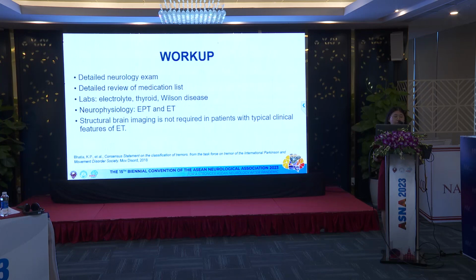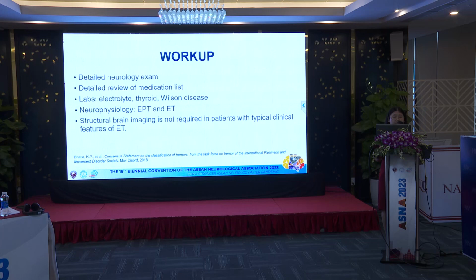So the goal of the evaluation is to identify characteristic features of essential tremor and to recognize any atypical features that may suggest an alternative cause of tremor. Routine blood tests should be performed to exclude a reversible cause of enhanced physiologic tremor, including electrolytes and thyroid function tests.